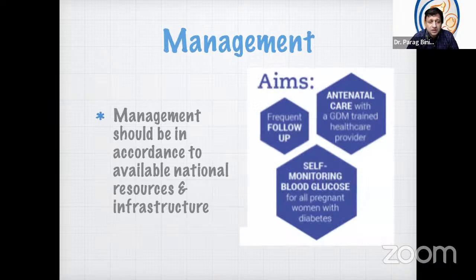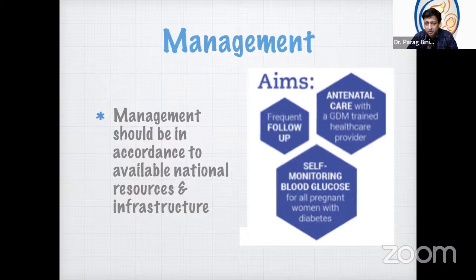Coming to management, we really have to be vigilant throughout the pregnancy, and the management has to be in accordance with available national resources and infrastructure. When we think of management, there are three things that we have to keep in mind: that the woman should have frequent follow-up.